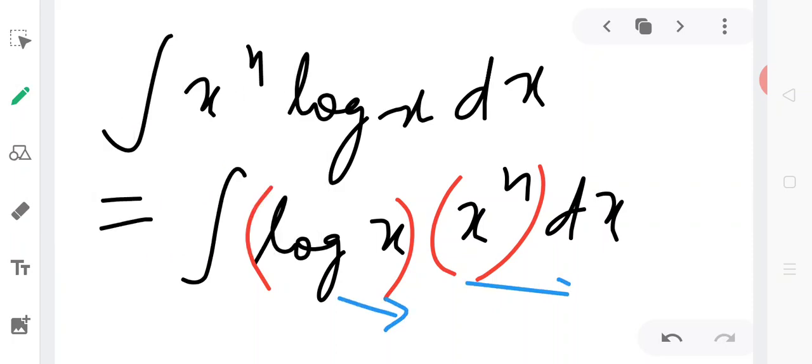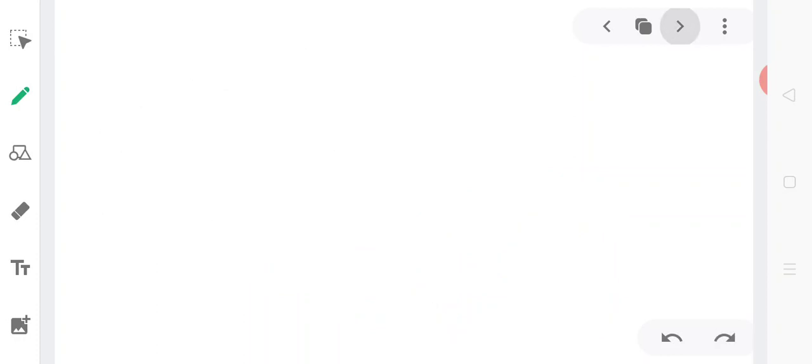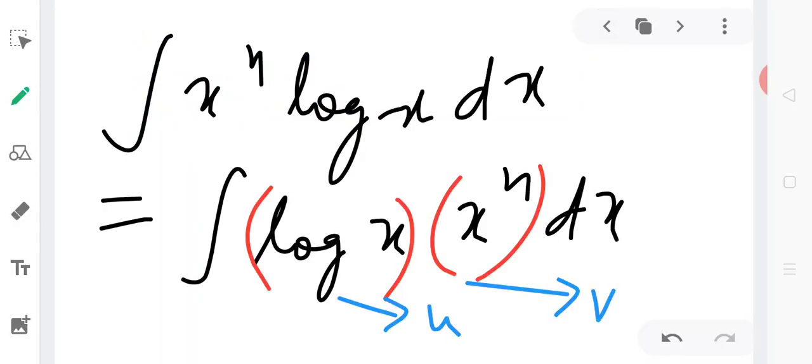Identify the two functions separately. Let us write them as u and v. Suppose in place of log x I am writing u, and in place of x to the power n I am writing down v. Then this expression will reduce to uv dx.